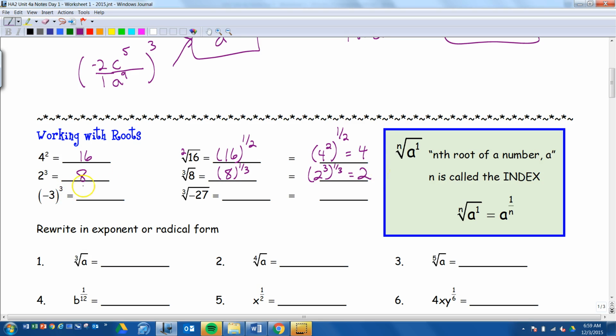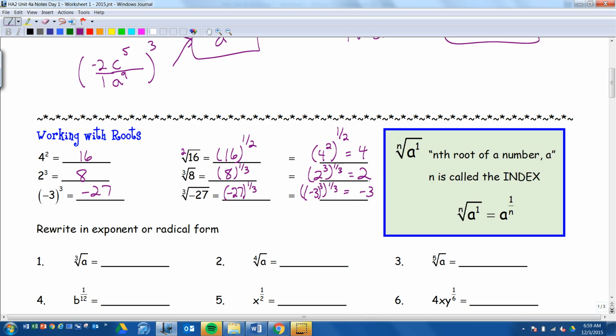Okay, and then same thing here, we raise this to the -3rd, so with negatives and odd powers it stays negative. So that means that if I take a third root of a -27, that turns into -3 times -3 times -3, and you get just -3.